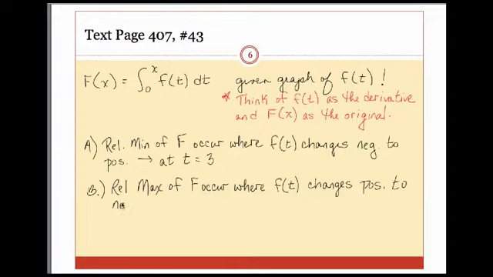Because remember, that means the original is going from increasing to decreasing, therefore creating that maximum you want. So take a look at the graph and see where that happens. Any place where the graph you're looking at changes from positive to negative. And that's going to be in 2 places, at 1 and 5.